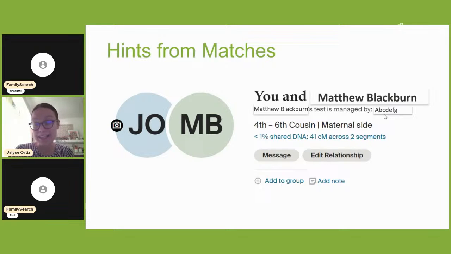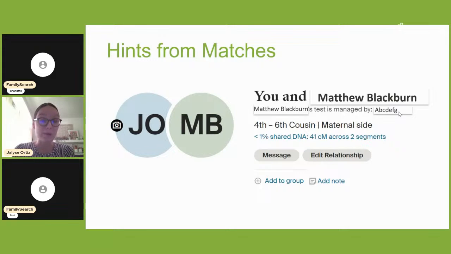So what I did was I Googled the username of the individual who was managing this test. And I came across a Pinterest with the same username. And since the username was the same and quite unique, I thought that it's likely that this Pinterest and the person who is managing this DNA test are one and the same.